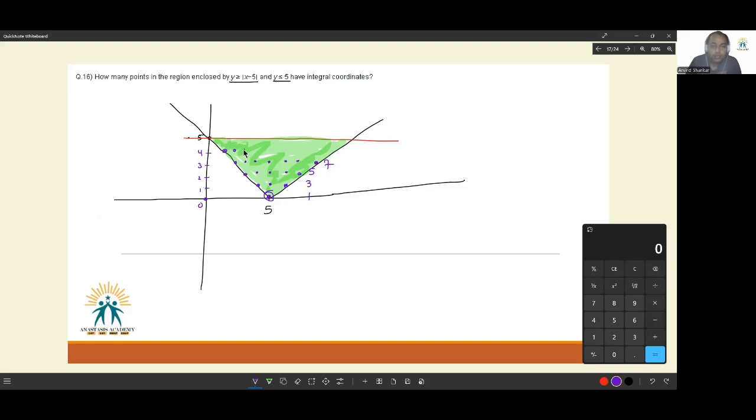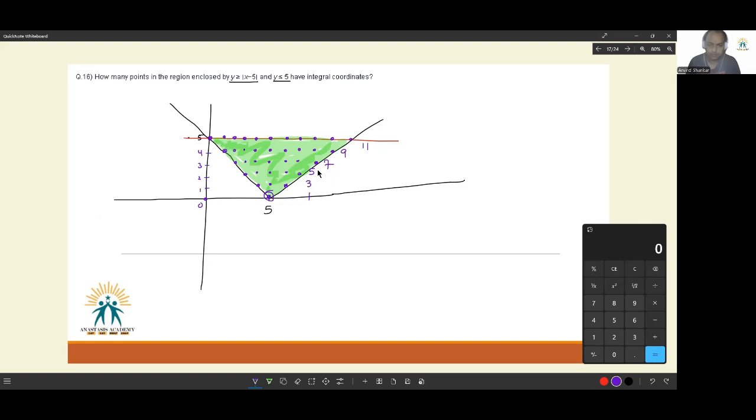And hopefully by now the trend is apparent to you. We get 9 points. And finally we will have 11 points. We'll get 1, 3, 5, 7, 9, 11.